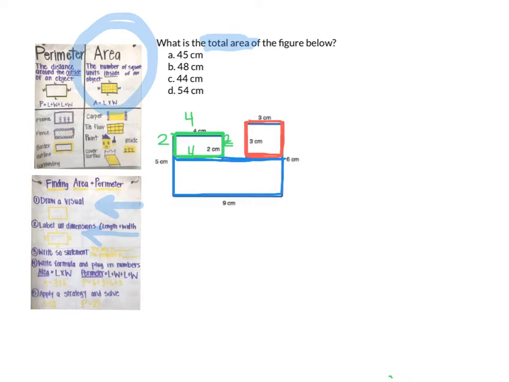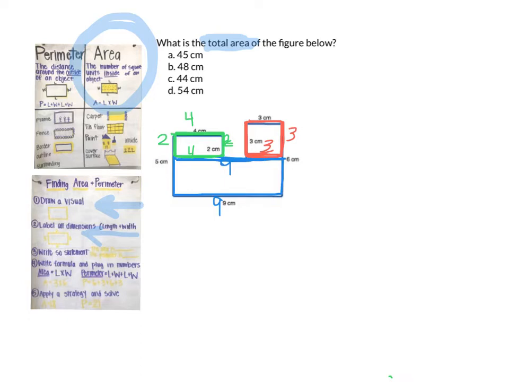Now moving on to our red square, I see my 2 side lengths here labeled 3, so I know that this side length and this side length are also 3. Okay, now moving into the larger rectangle, I see this side length is 9, so I know the opposite side length is also going to be 9.